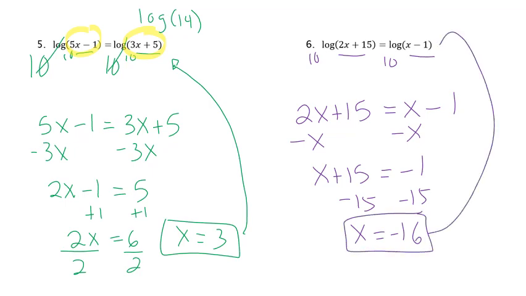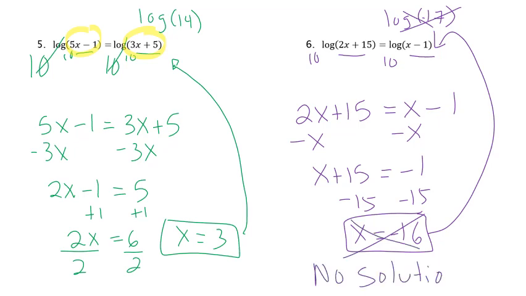But when we plug it back in, we get the log of negative 17, which is actually no solution. So actually our answer here is no solution. We can't have a log evaluating a negative number or evaluating 0.